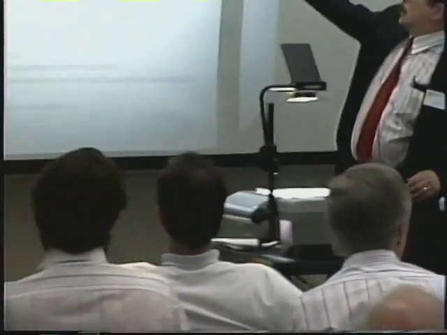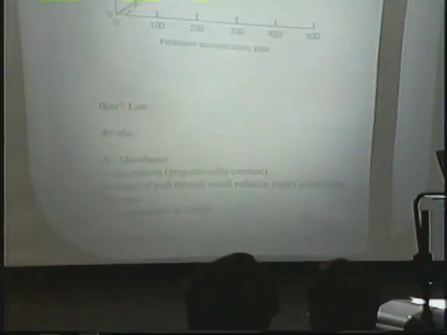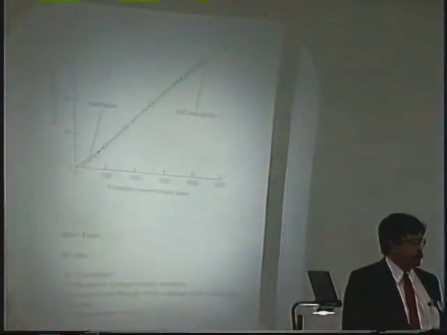This is a plot of what's called Beer's Law, the basics of Beer's Law. And Beer's Law is normally taught in terms of what's called atomic absorption, but is also applicable to a number of other phenomena in chemistry. And Beer's Law and other measuring methods used in chemistry depend on a relationship between the concentration of some substance, which is generally in solution.